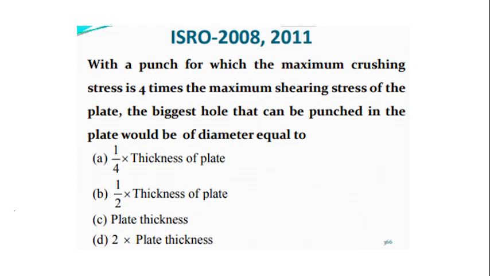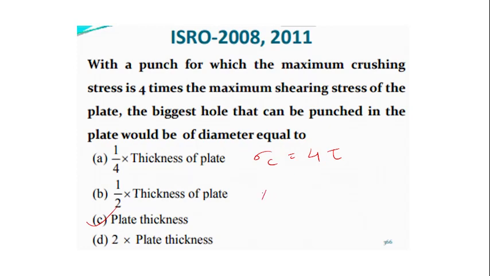Any doubt in this question? Let's read the question. With a punch for which the maximum crushing stress is 4 times the maximum shearing stress of the plate, what would be the diameter of the hole?